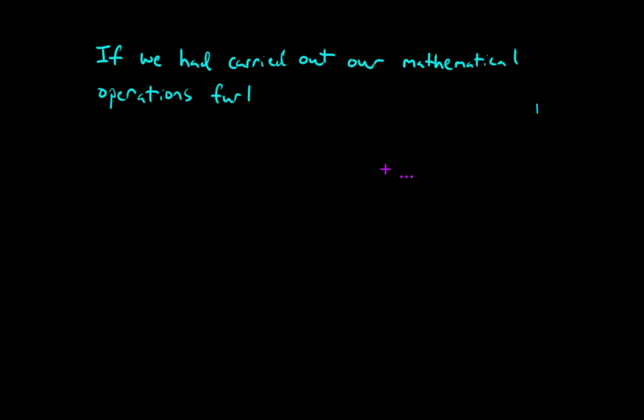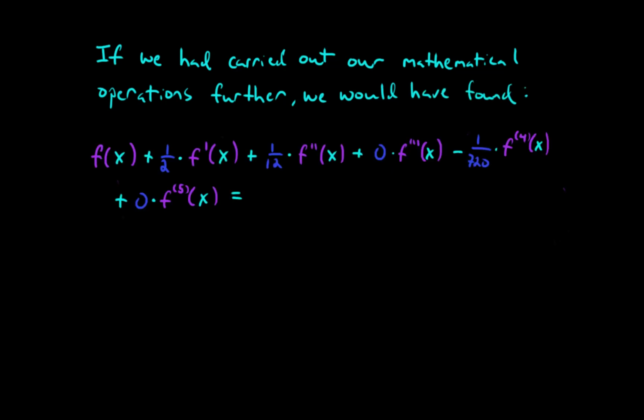Well, space has not permitted me to show what would happen with the S7 of x terms, but I hope that you can go back and see the pattern and take it from me that if we had carried out our mathematical operations further, we would have had the following for the S7 of x terms.